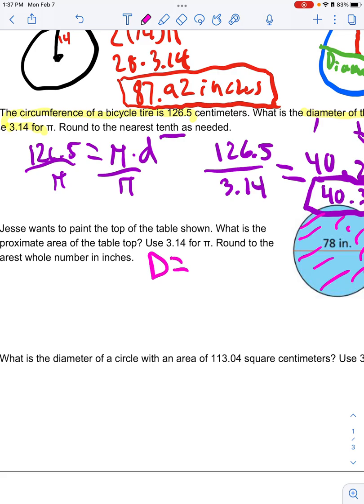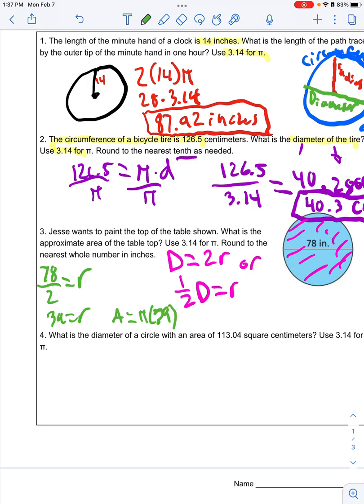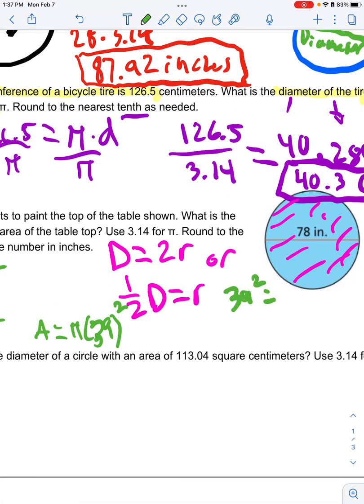Now I was given the diameter. So diameter, remember, is 2 times the radius, or 1/2 d equals r. So I'm going to use 1/2 d equals r, and basically it means 78 divided by 2 is my radius. So 39 equals r. And then now I can use my area formula, which is pi times my radius squared. So 39 squared, remember, is 39 times 39.